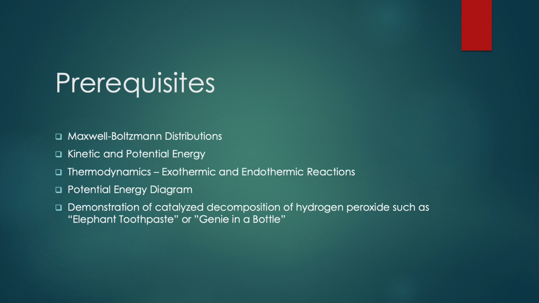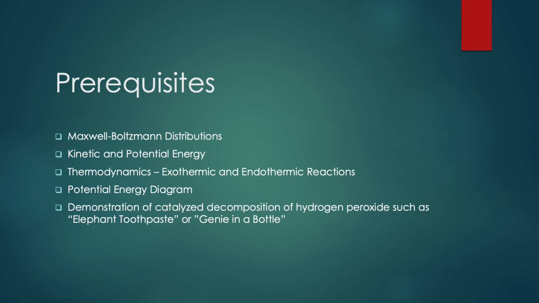Also, students should have a background in kinetic and potential energy, at least understanding that kinetic energy is energy of motion and potential energy is stored energy. Also, students should have studied a unit on thermodynamics, especially the basics like exothermic and endothermic reactions.